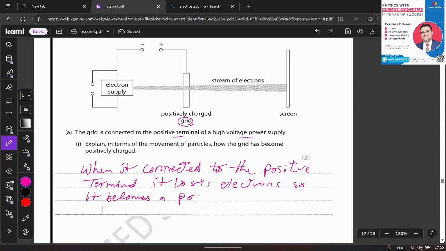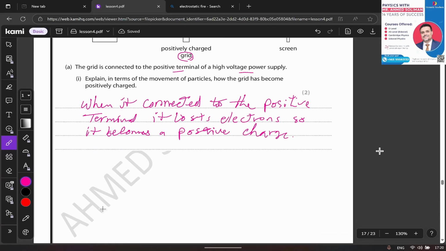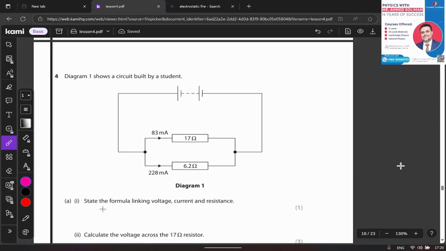Positively charged. He said negative or positive? Positive. He lost the electrons, so if he lost electrons, it will become positive charge. Okay, Bara? Okay, now it's your turn, Ahmed.